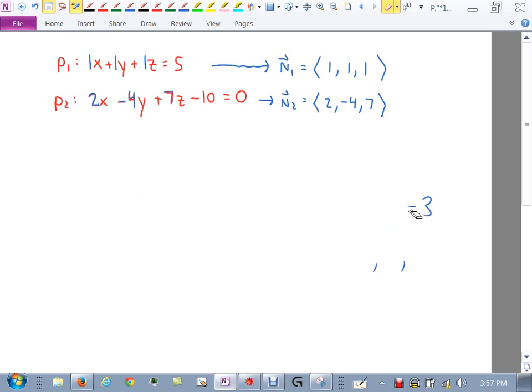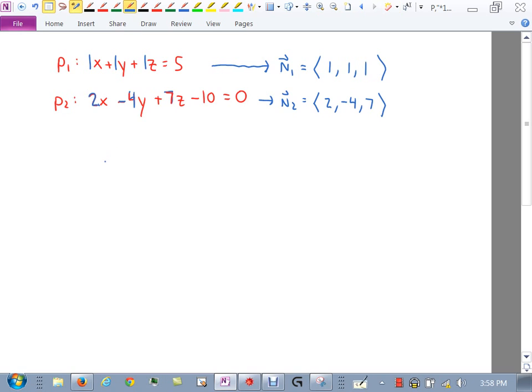Okay, so we have two vectors, N1 and N2. Now we need the angle between them. From last class, it's in the notes at 10.3.6.